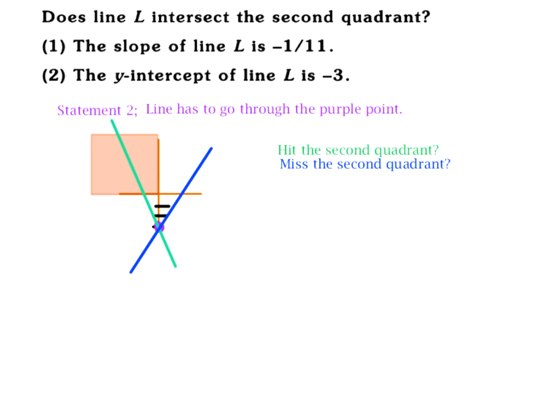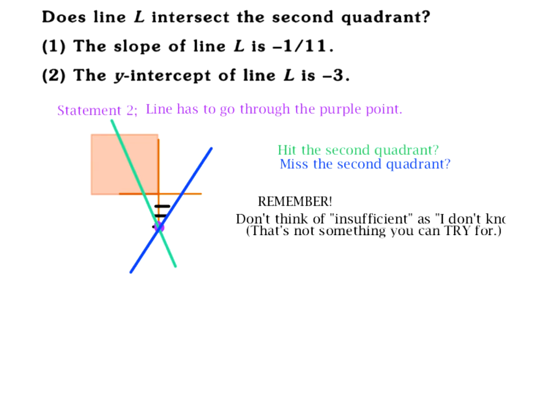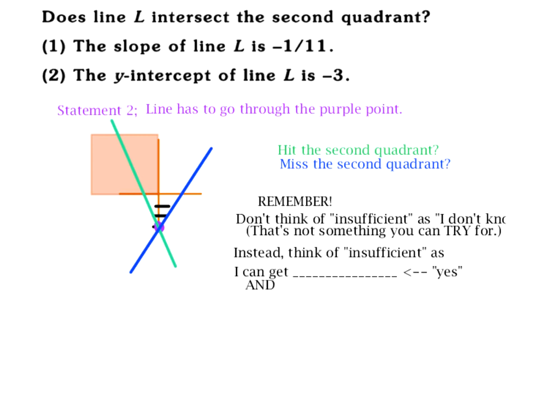You should think of insufficient as I can get whatever the yes is, and I can turn around and also get whatever the no is.